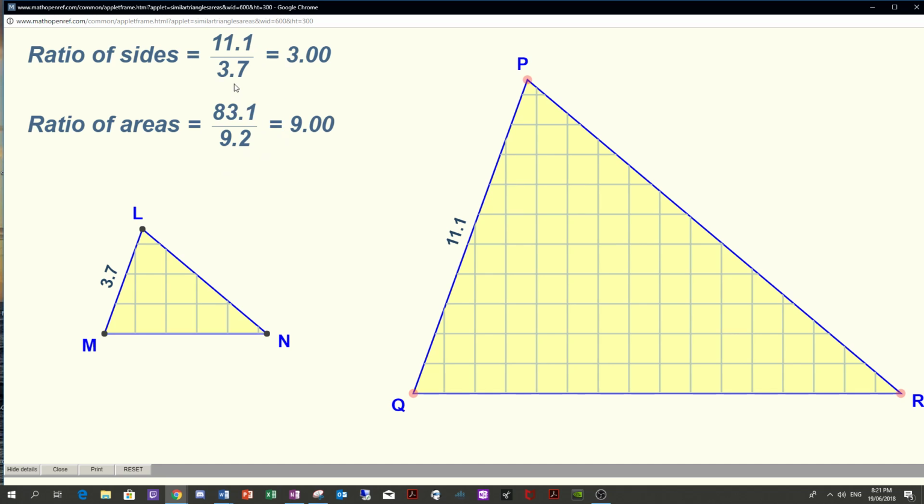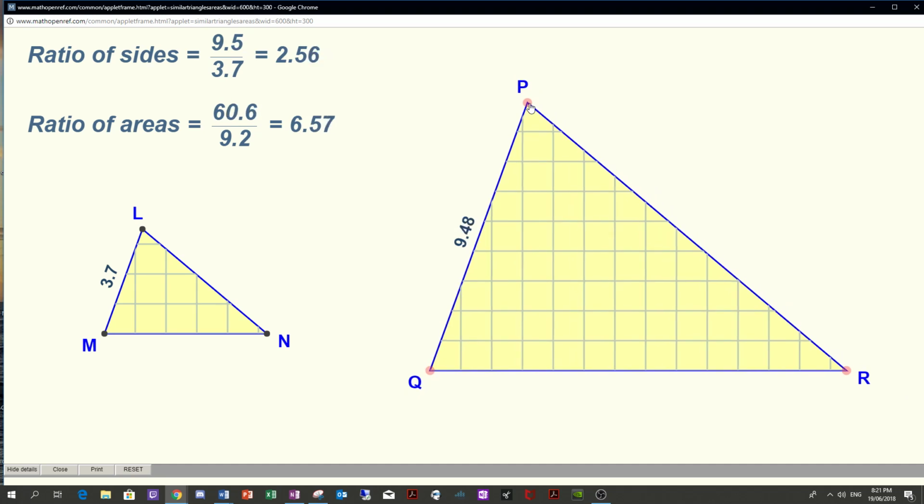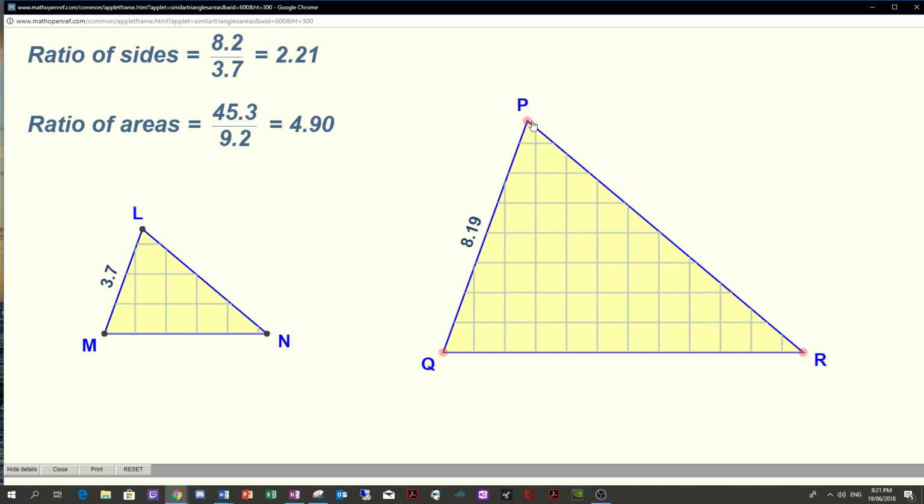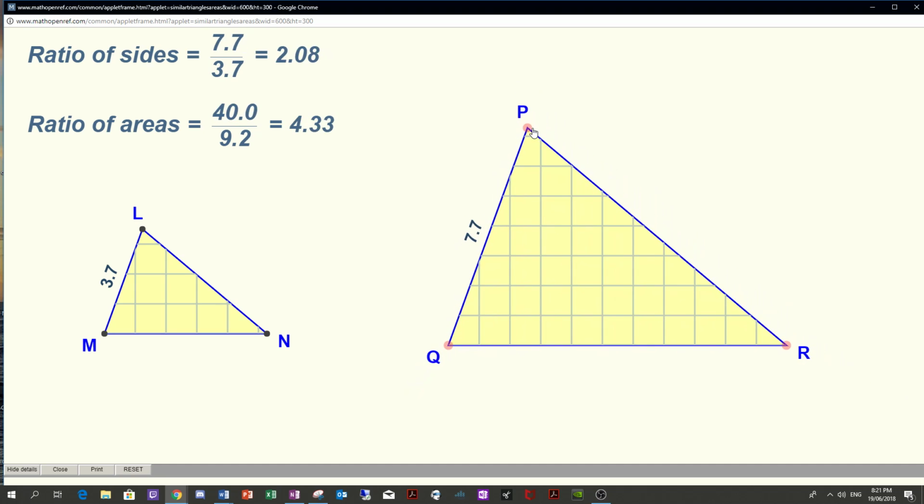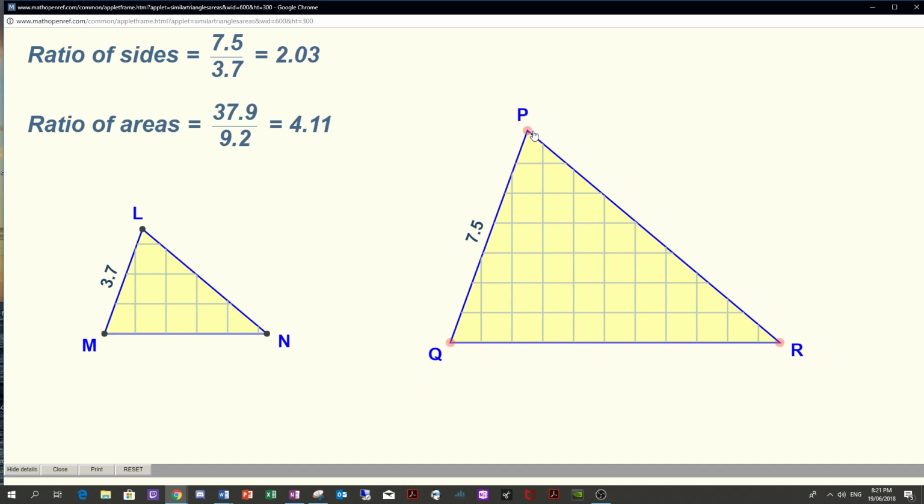And the ratio of the corresponding sides in these similar triangles, P, Q, and LM, is 11.1 over 3.7, which is 3. So what's happening is the ratio of the areas is the square of the ratio of the sides, right? So we take this back down to 4, if it will let us.